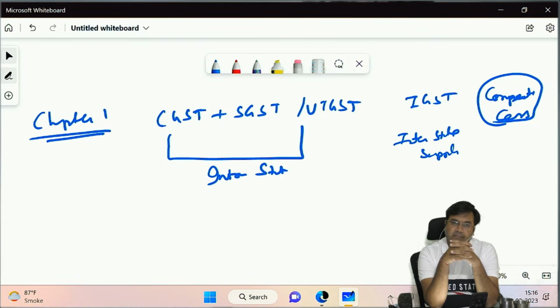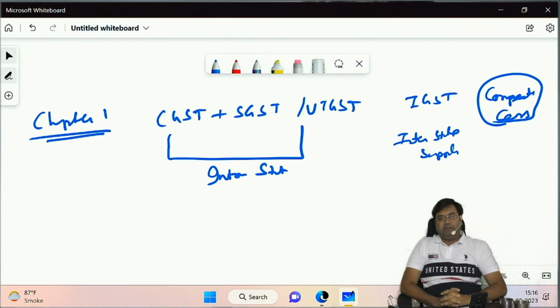Consideration definition: inducement, forbearance. Okay, subsidy we are not going to include in consideration if it is given by the central government or state government. Other subsidies we are going to include. Security deposit on a refundable basis we are not going to include. Okay. Then we have taken the goods, services, money and securities definitions.